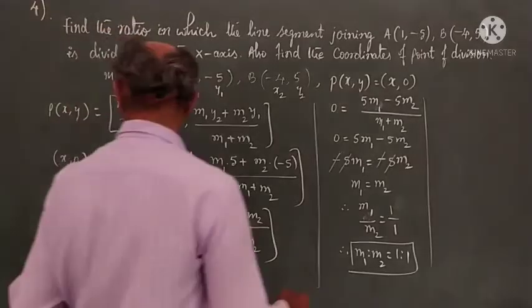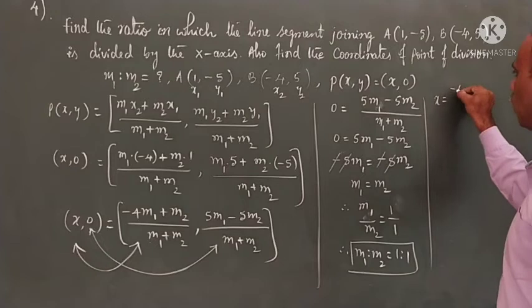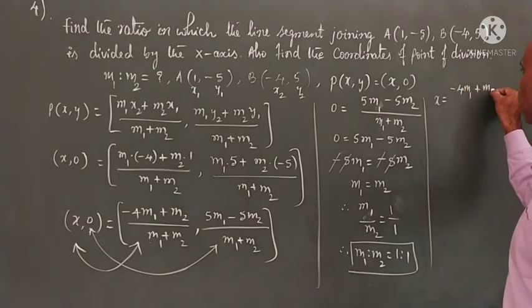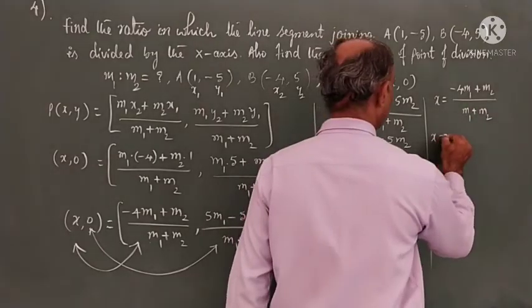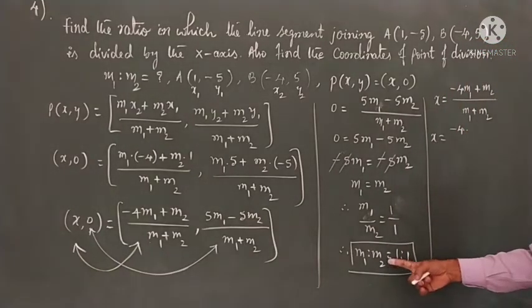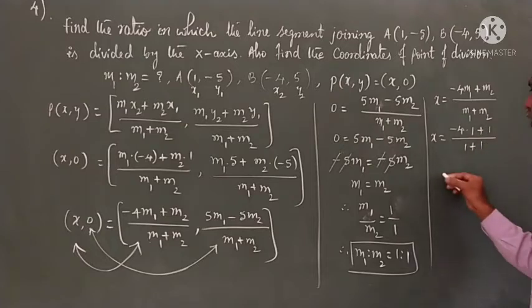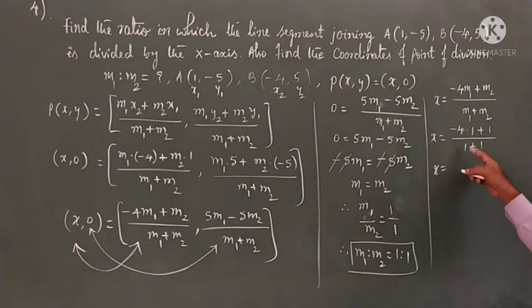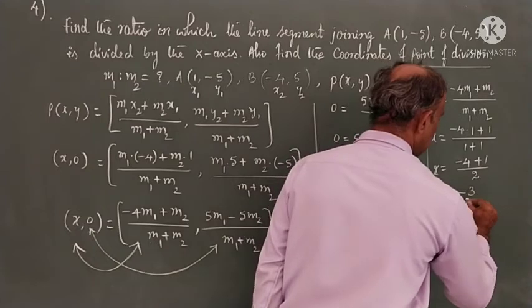So now consider this: x is equal to (minus 4 m1 plus m2) divided by (m1 plus m2), which is minus 4 into 1 plus 1 divided by 1 plus 1. So x is equal to (minus 4 plus 1) divided by 2. Therefore x is equal to minus 3 by 2.